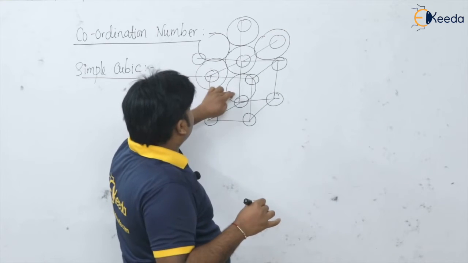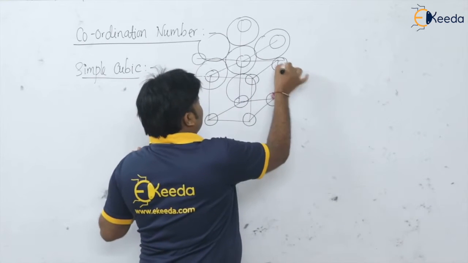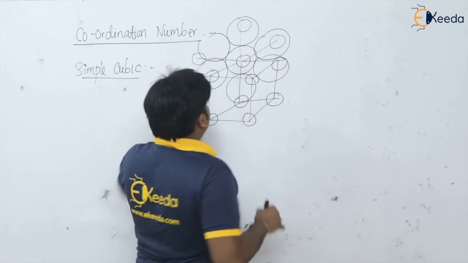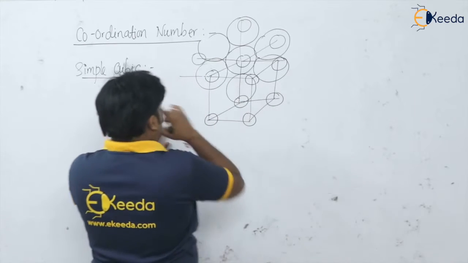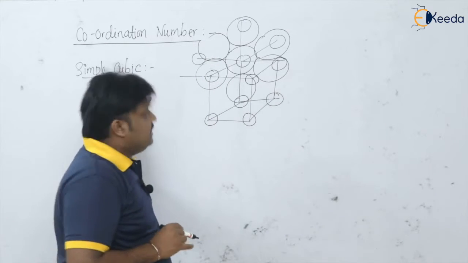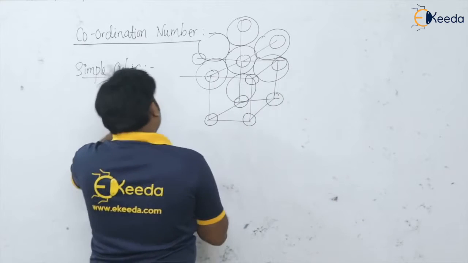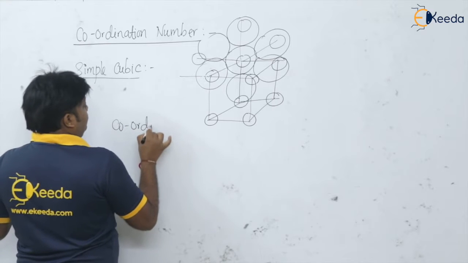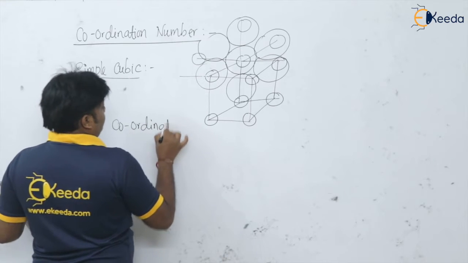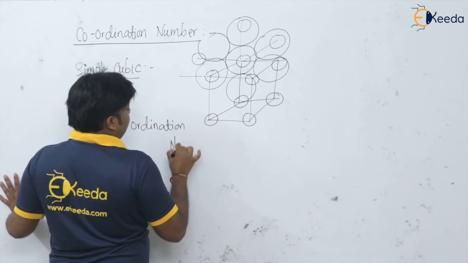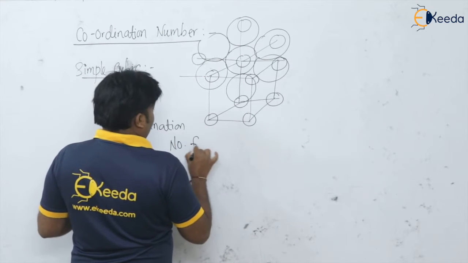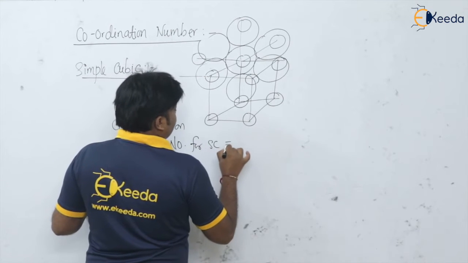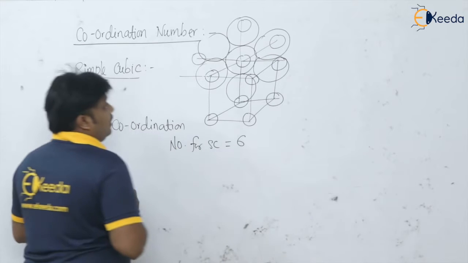Okay, and this one more is here. So see, the coordination number for the simple cubic structure, you can see here, is 6. The coordination number here for simple cubic structure is 6.